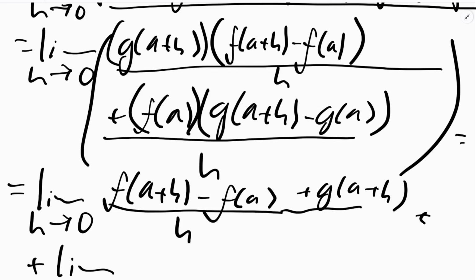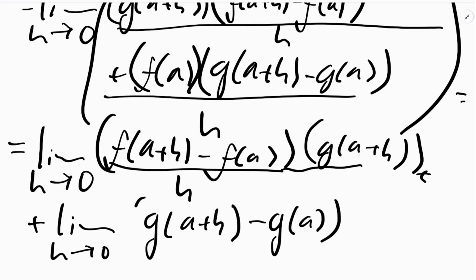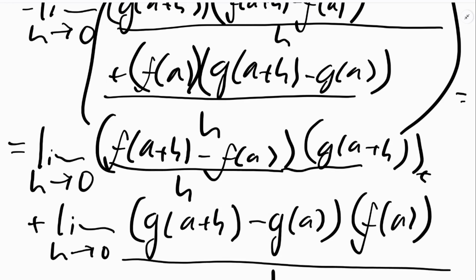We just separate out what we had here and reuse it. So this whole thing, and then another limit, which is going to be this time f of a times the g function, g of a plus h minus g of a, all over h.